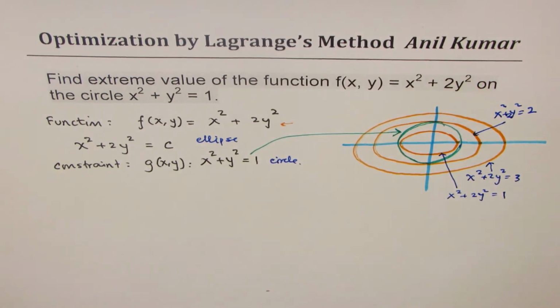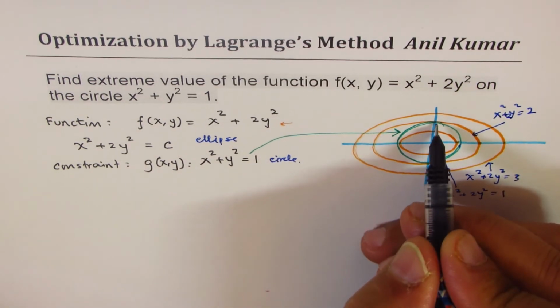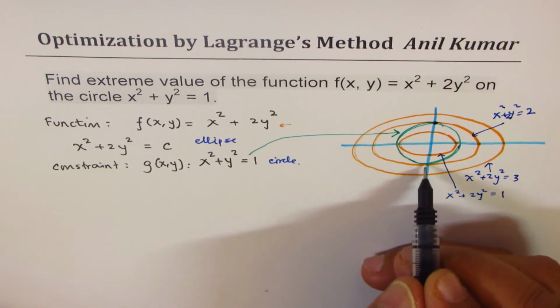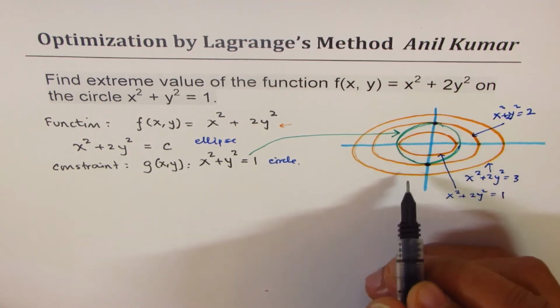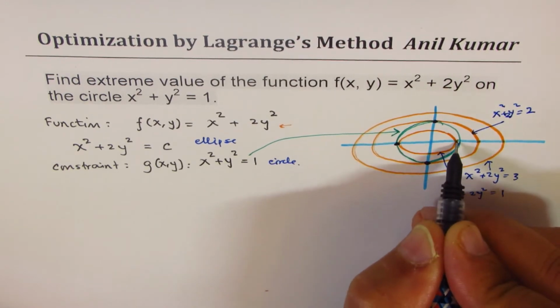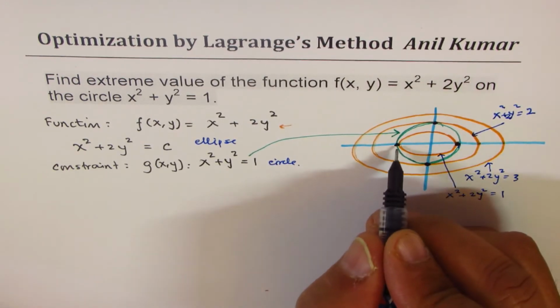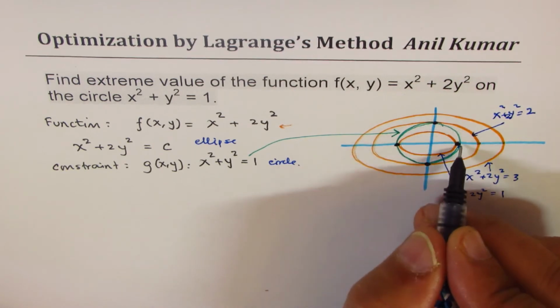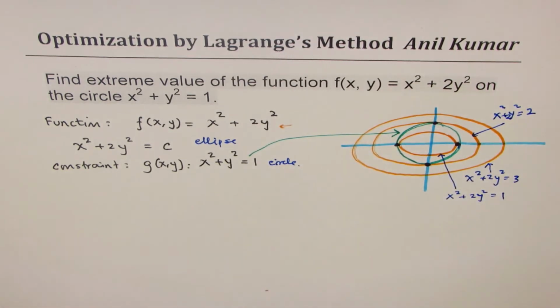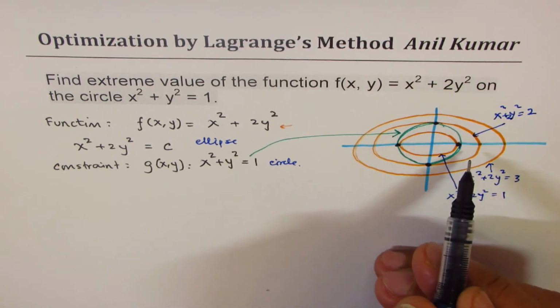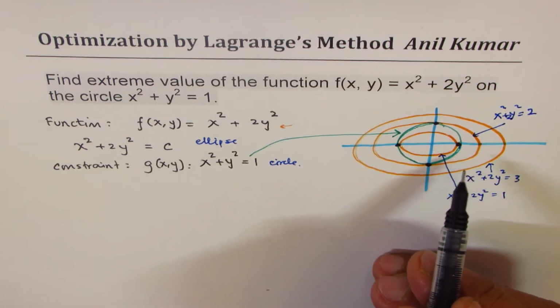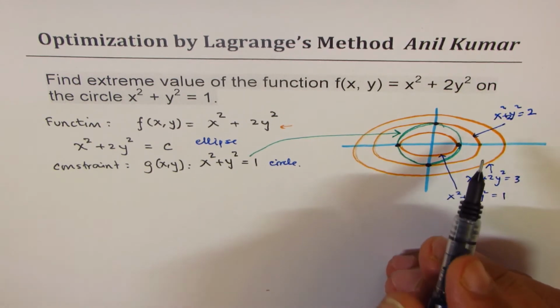Okay. Now what do you notice here? You notice that we have a common point right there and right there. These are the two common points which give you extreme values, correct? Also, we have these common points. So at these points, we have the same gradient. You get an idea, right? So those are our extreme points.